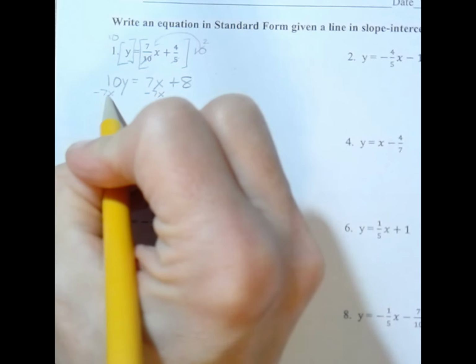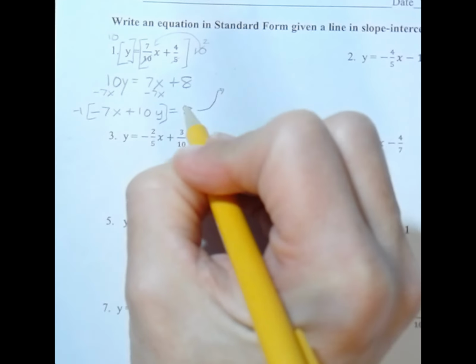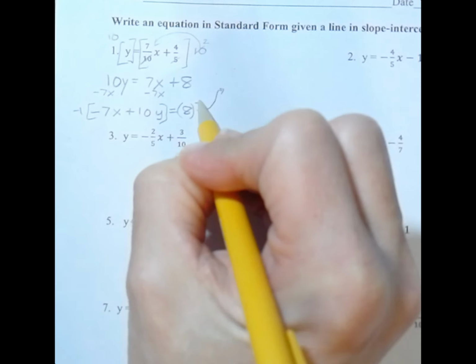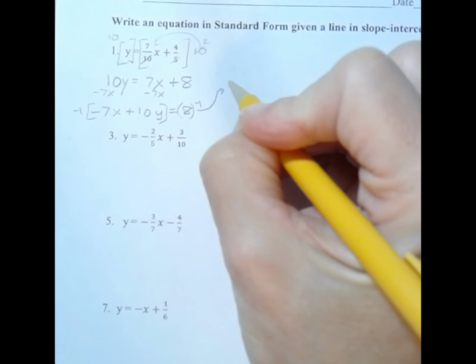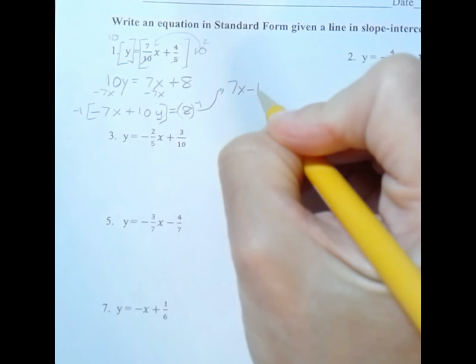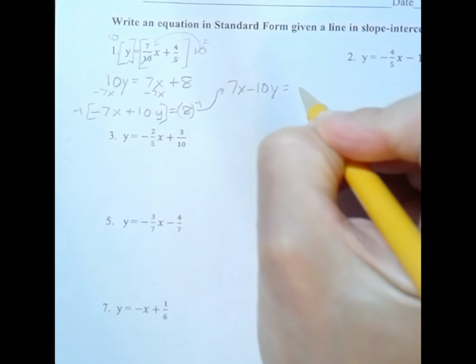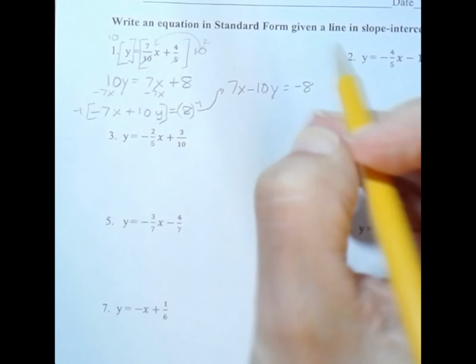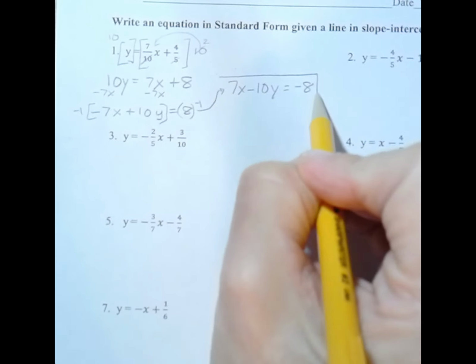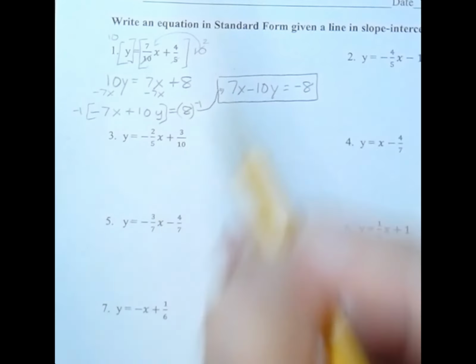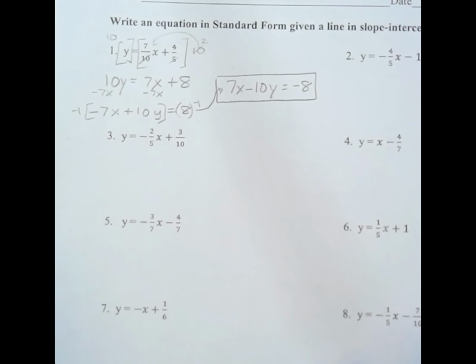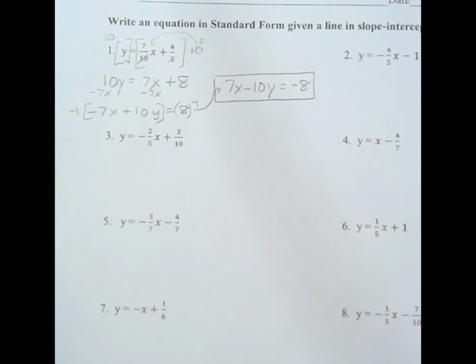We're going to multiply both sides by -1, which is going to give me positive 7x minus 10y equals -8. Okay, why don't you try number 2? You can pause the video and then unpause it to check to see if you did it correctly.